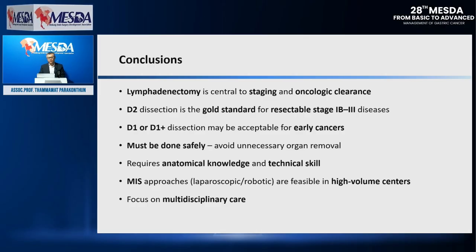This should be performed by avoiding unnecessary splenectomy or pancreatectomy. Knowledge of anatomy and technical skill is very important for this kind of procedure to make sure the postoperative morbidity is lower and the oncological outcome is better.